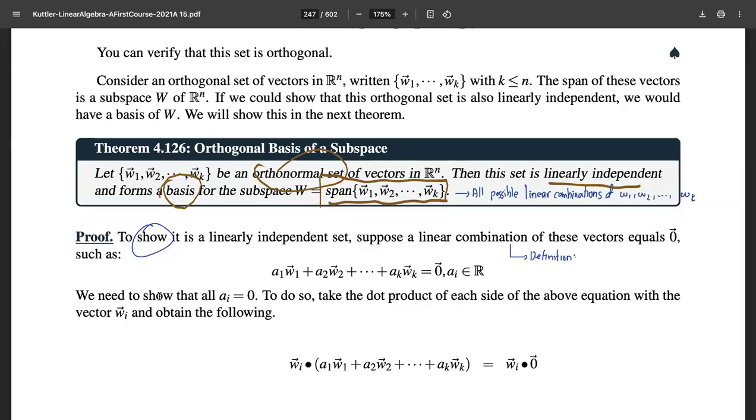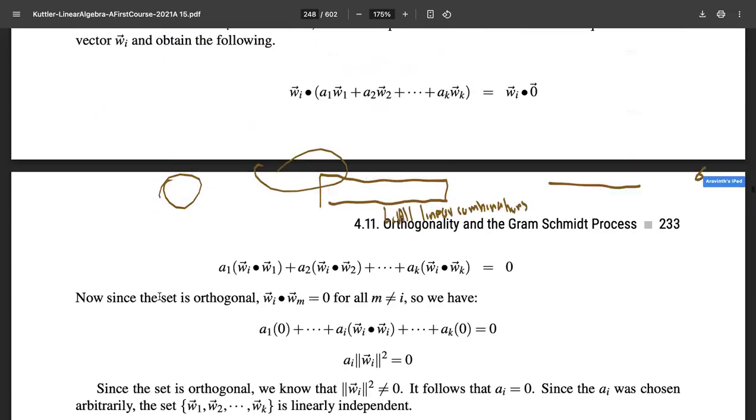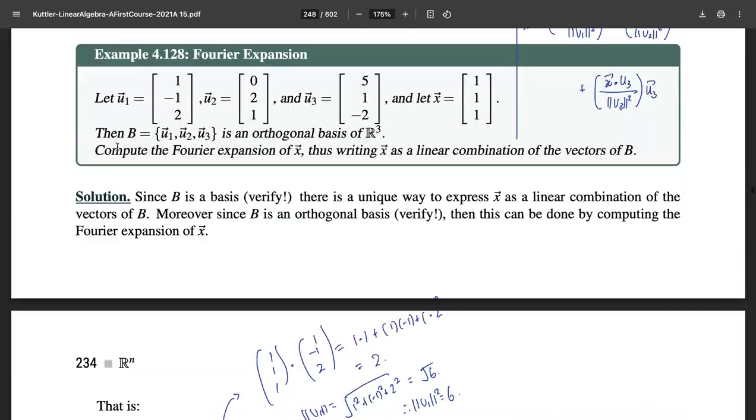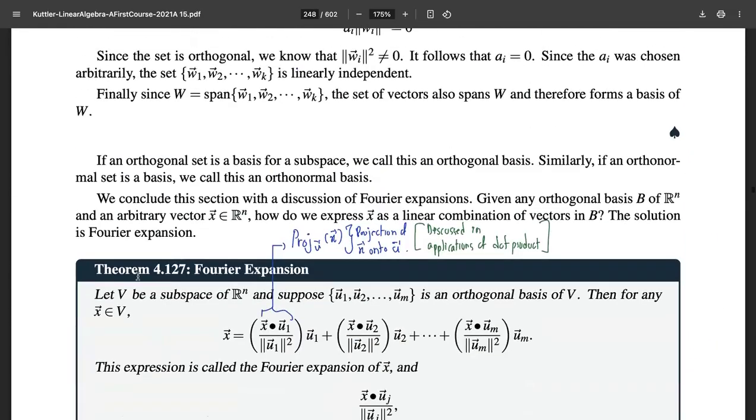And now I think this is the last thing for this subsection. If we have an orthogonal set that's a basis, we call it an orthogonal basis. If we have an orthonormal set, we call it an orthonormal basis.